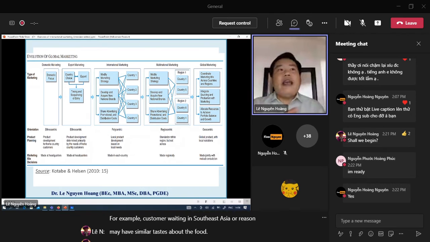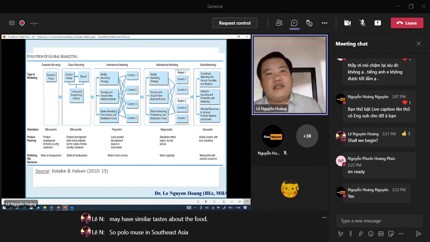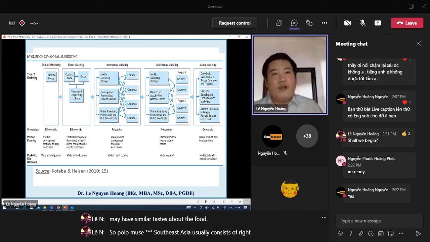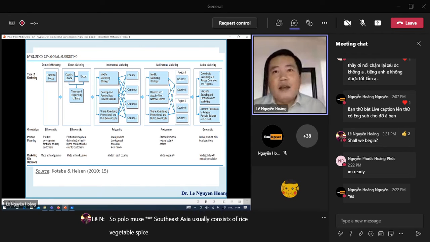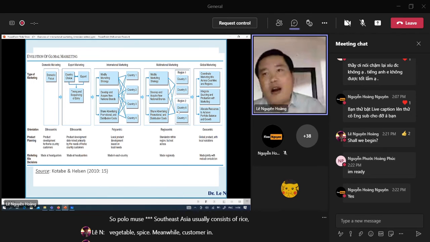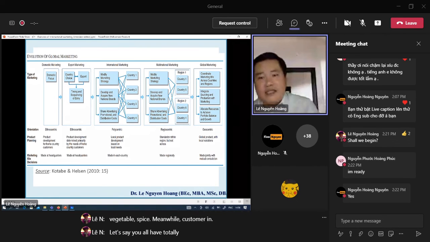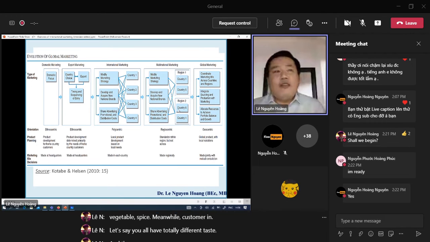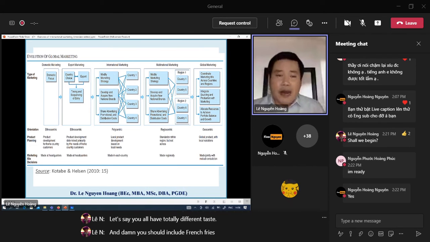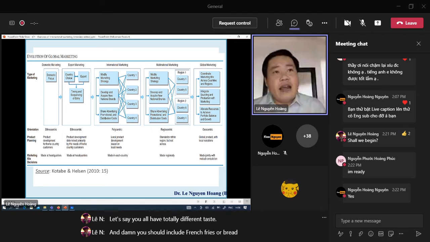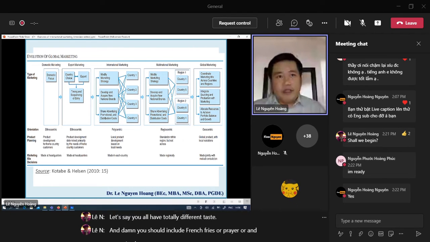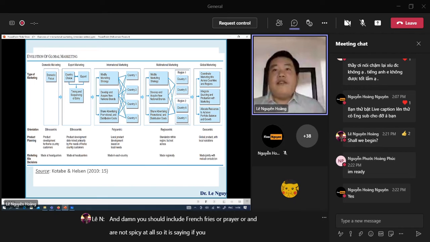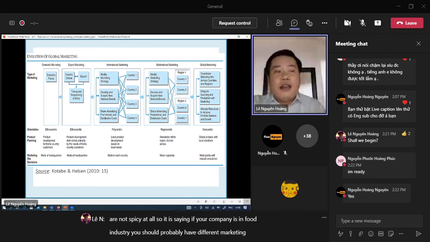Popular meals in Southeast Asia usually consist of rice, vegetables, and spice. Meanwhile, customers in, let's say, Europe have totally different tastes, and their meals should include French fries or bread and are not spicy at all. So in this sense, if your company is in the food industry, you should probably have a different marketing mix for each region.